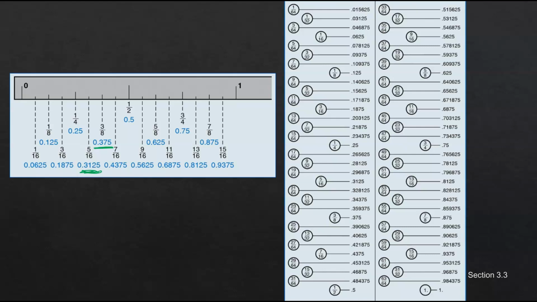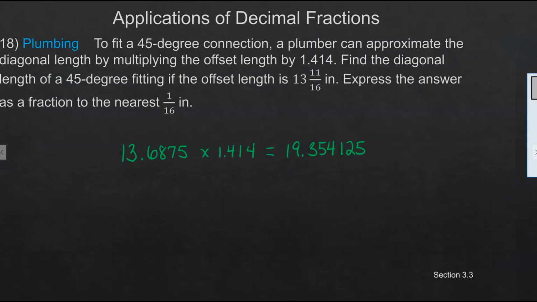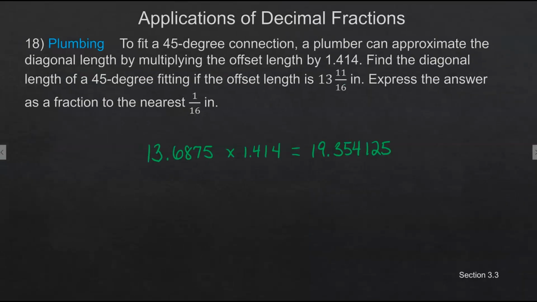And that means that 6/16 would actually be the closest, which would be 3/8, because remember it was 0.354, which is a little closer to 0.375 than it is to 0.312. And that's always a little bit tricky, so we're going to say 19 3/8, and this is going to be in inches. Now remember 3/8 is the same as 6/16.